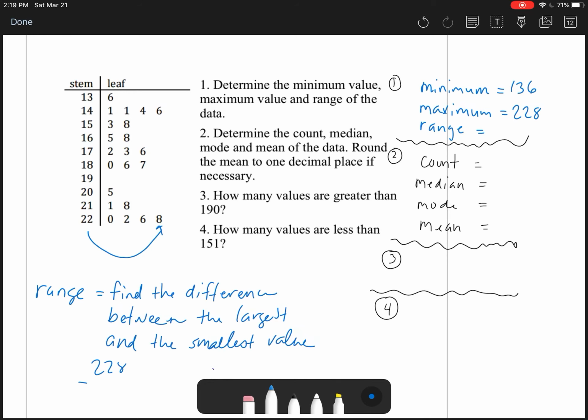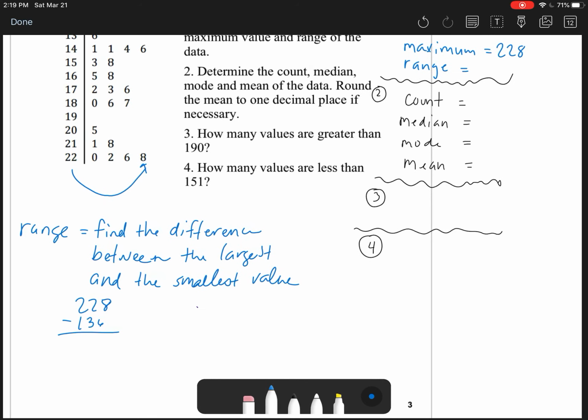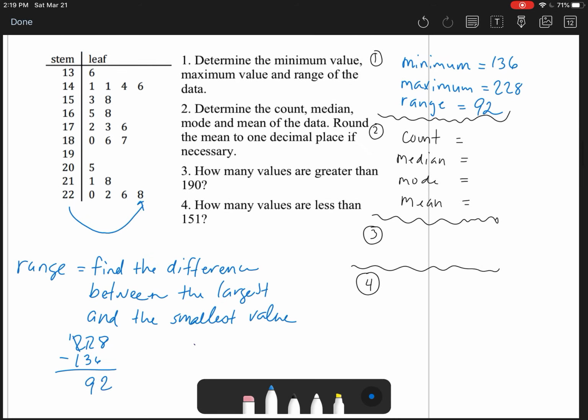Okay, so in this case, we're going to do 228 minus 136. Okay, and when we subtract that, 8 minus 6 is 2, 12 minus 3 is 9, so the range is 92.